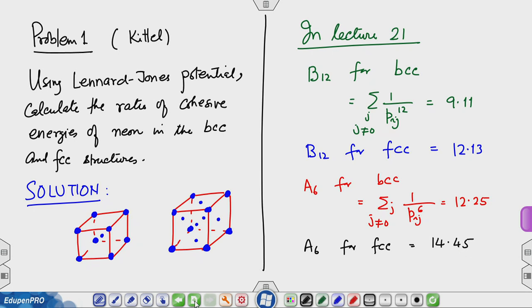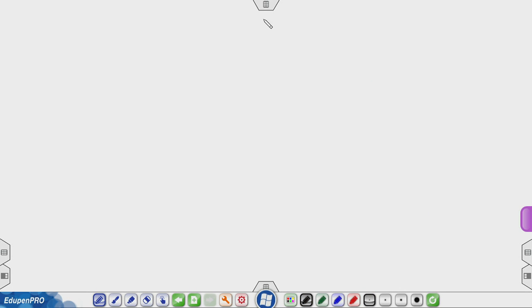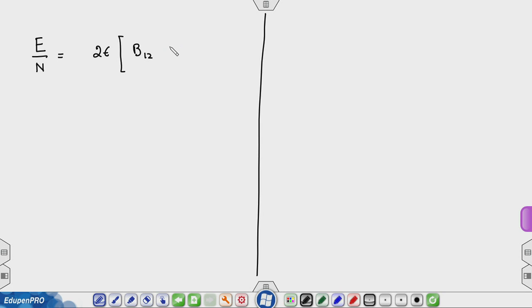E by n, as I have just reviewed and you also recall from previous lectures, E by n is given as 2 epsilon [B12 (sigma over r) raised to 12 minus A6 (sigma over r) raised to 6]. This is with respect to r.